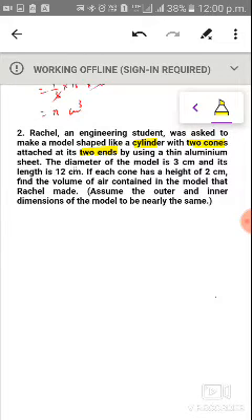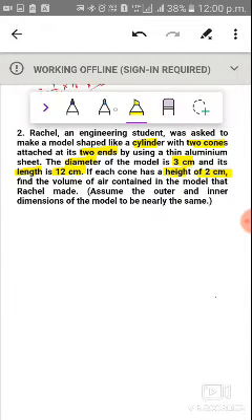Okay, and the diameter of the model is 3 centimeter and its total length is 12 centimeter. If each cone has a height of 2 centimeter, find the volume of air contained in the model that Rachel made. Okay, and we have to assume that the outer and the inner dimensions of the model are nearly the same.